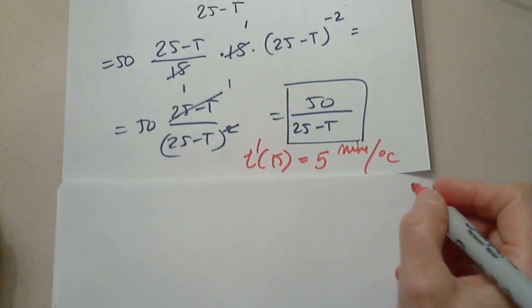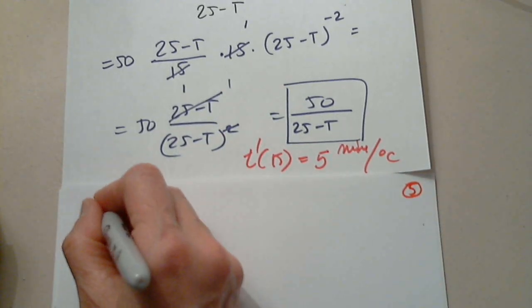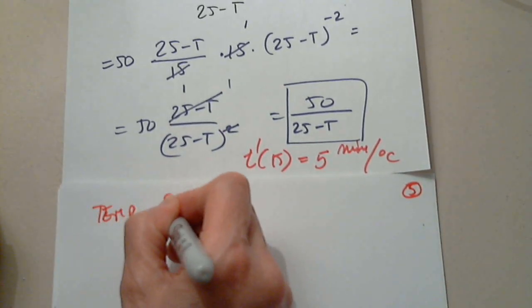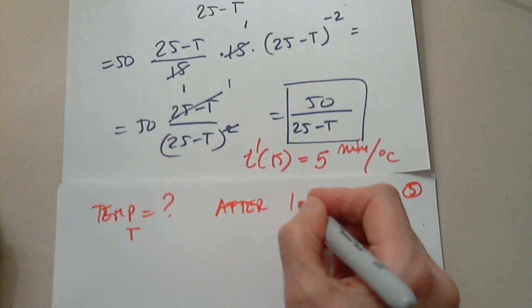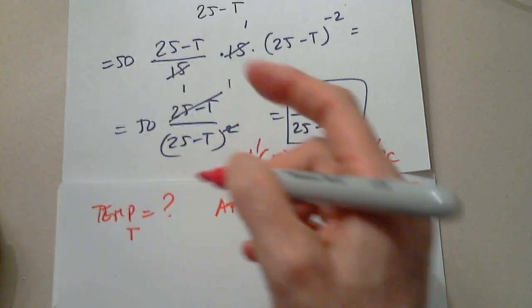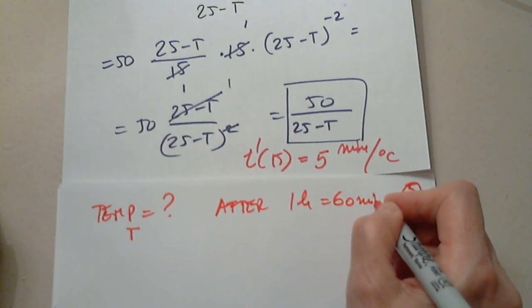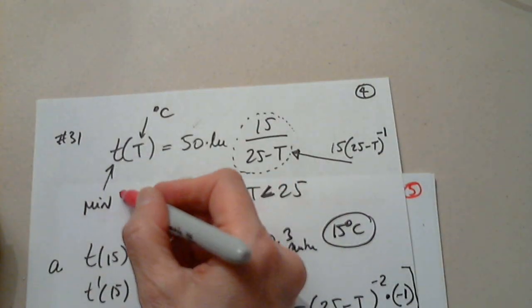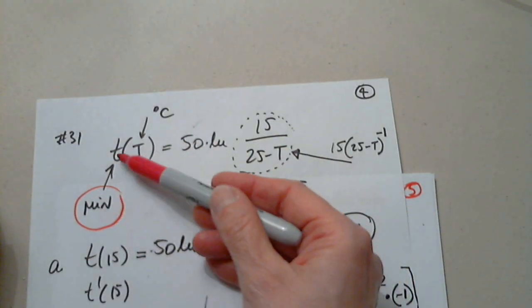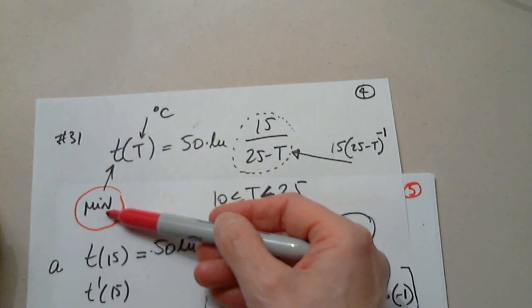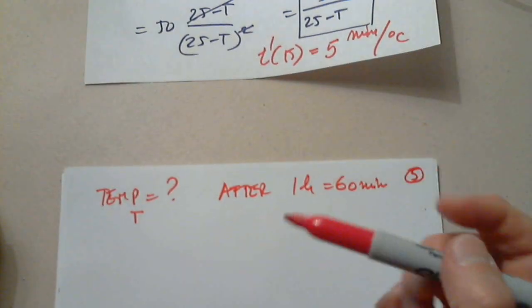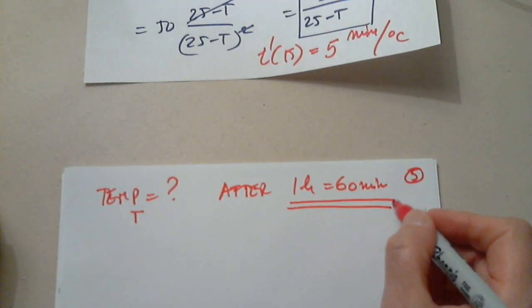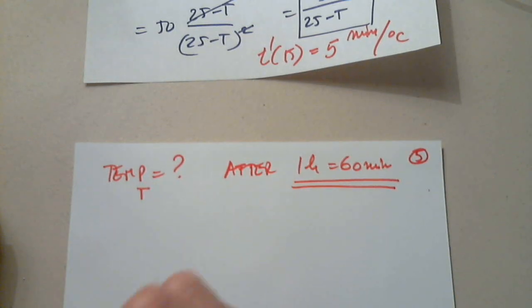So temp, which is T, after 1 hour, which has to be in minutes, it has to be 60 minutes. I cannot plug in an hour in a formula where t has to be in minutes. So I have to change the time from 1 hour to 60 minutes. They want us to find the temperature. How do I do that?